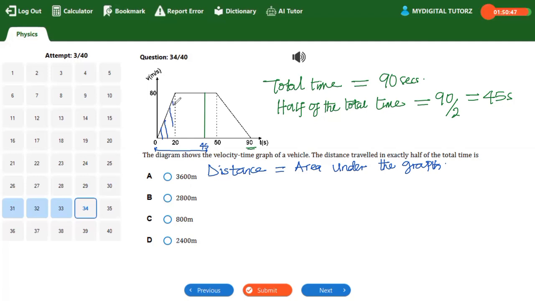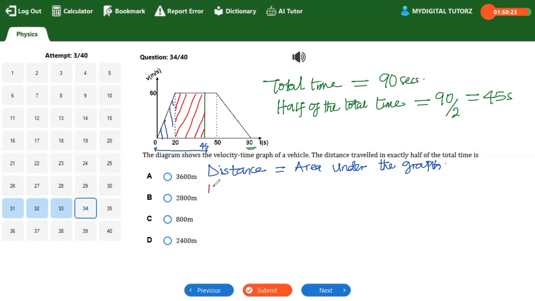Is that clear? Then the next one is a rectangle. So we're going to find the area of the triangle and add it to the area of the rectangle. That will give us the total distance covered within the time frame of 45 seconds. I hope we are together.